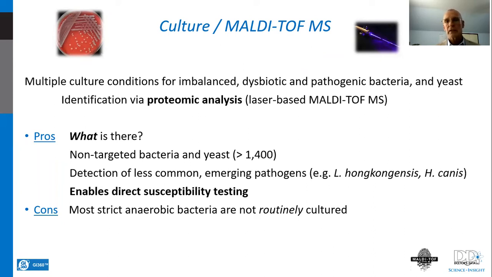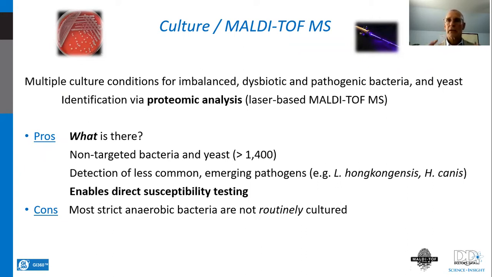We've seen several cases now of the heretofore not reported Laribacter hongkongensis in the US, and also Helicobacter canis. No probes for those. We wouldn't have found those without the culture and MALDI-TOF. Also, very, very importantly, culture enables direct susceptibility testing.